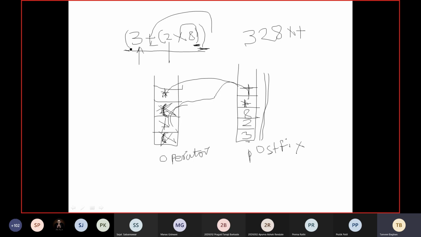Now when there is no parenthesis, let us consider another example.